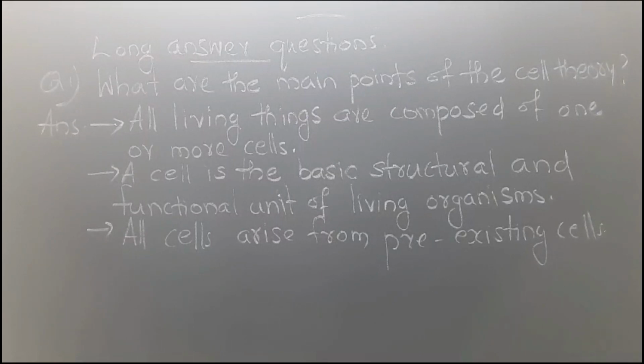Question number 1. What are the main points of the cell theory? The answer is, all living things are composed of one or more cells. Second point is, a cell is the basic structural and functional unit of living organisms. Third point, all cells arise from pre-existing cells.